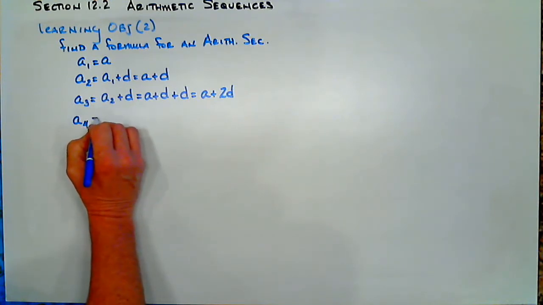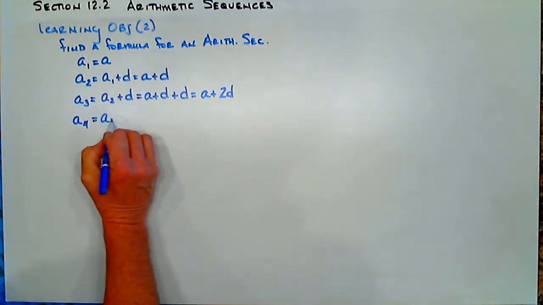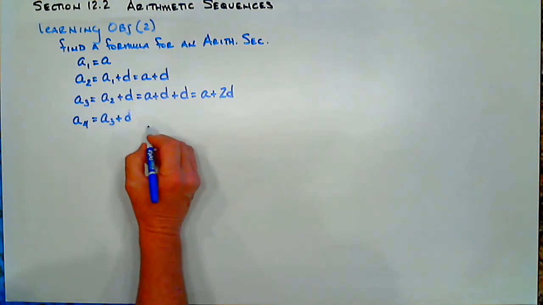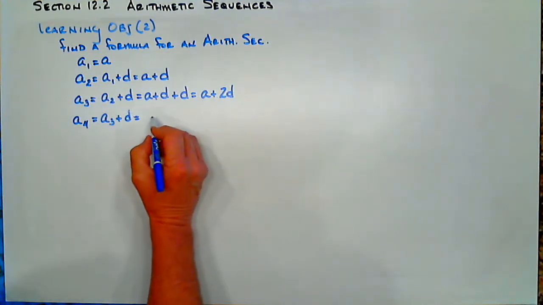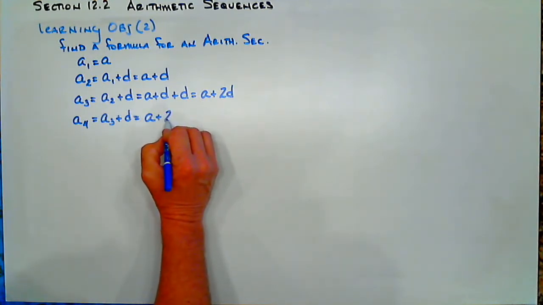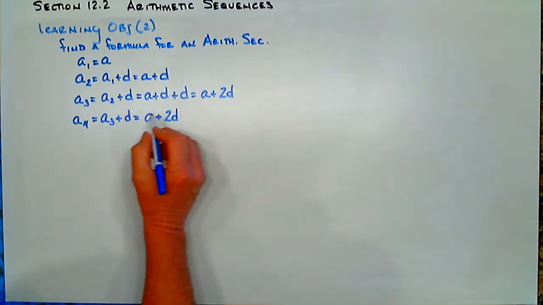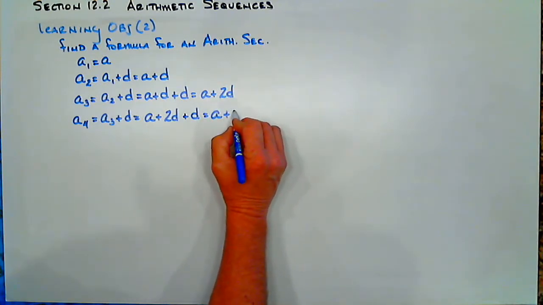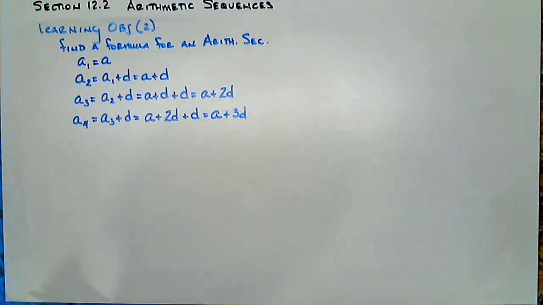A sub 4 then is going to be a sub 3, right? That's part of our definition. It's the previous term plus d, but we know the previous term is a plus 2d, plus our d, and we're left with a plus 3d.